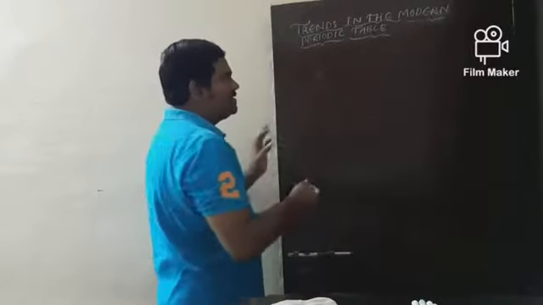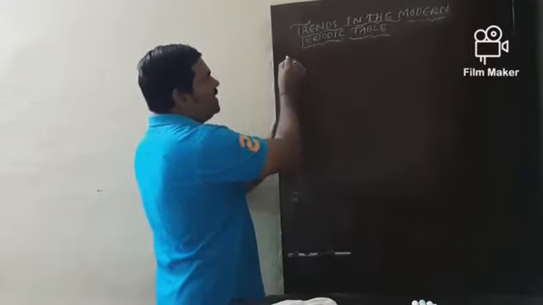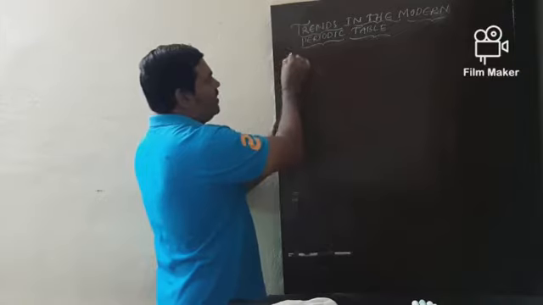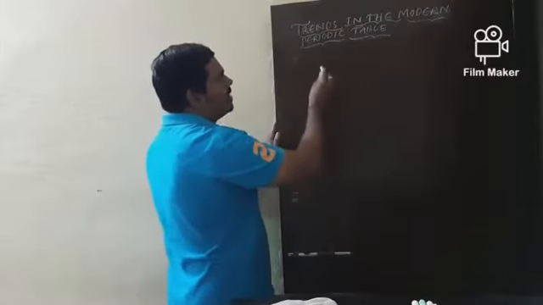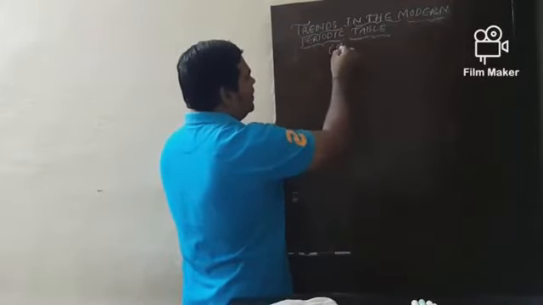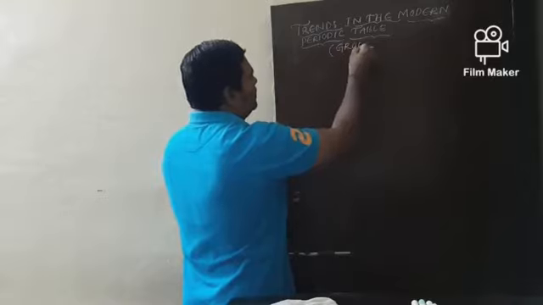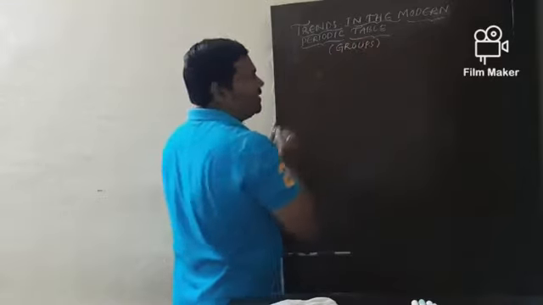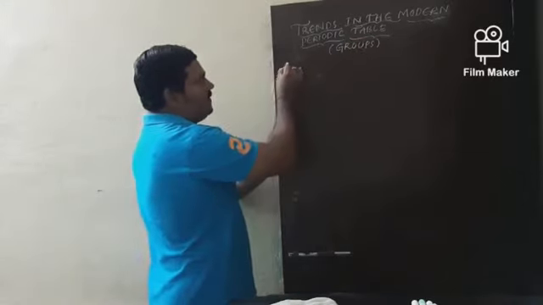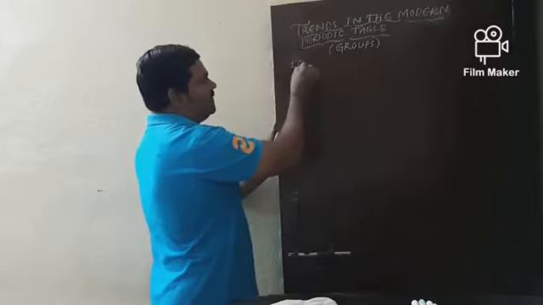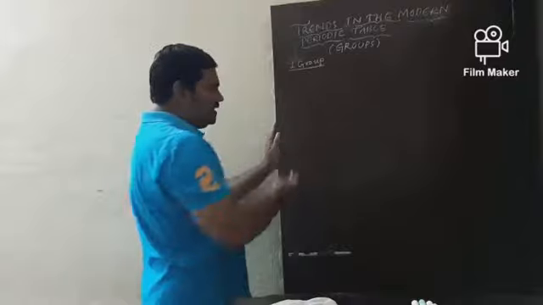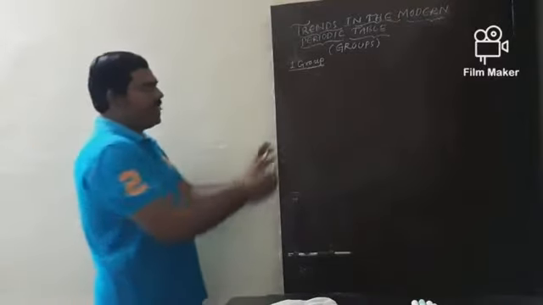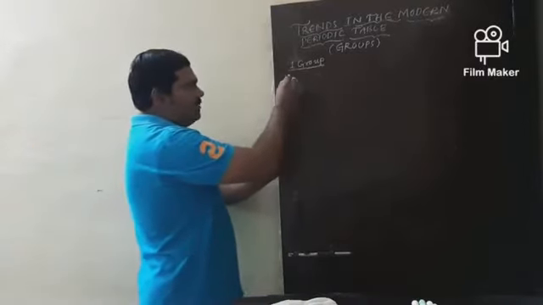Let me take example 1, trends observed in groups. Now let me take the first group of elements. Once you list out the first group elements, what is the starting element?